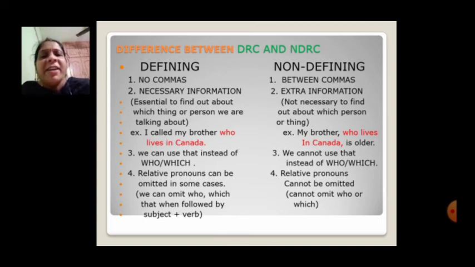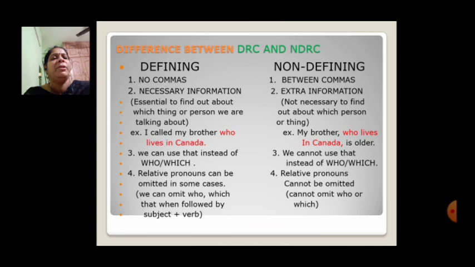So, in defining relative clauses, sometimes we can omit the relative pronouns. We can omit who, which, that when followed by subject plus verb. And in the second type, the non-defining clause, relative pronouns cannot be omitted, we cannot omit who or which.